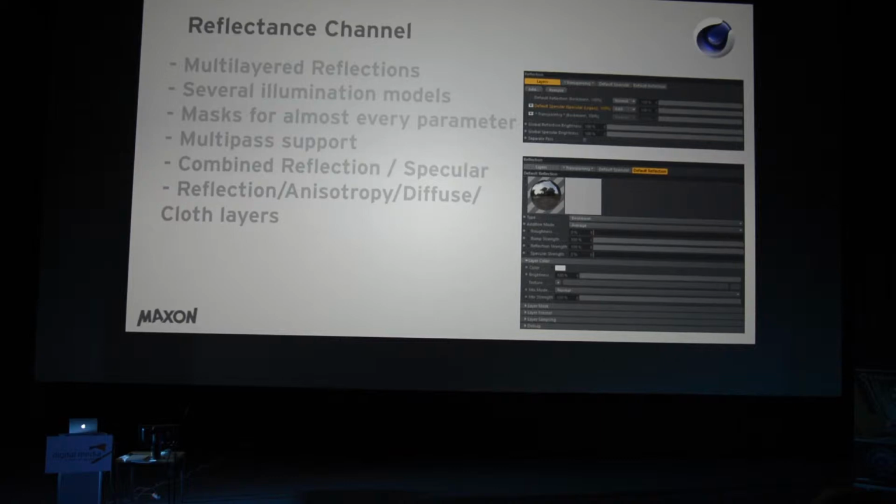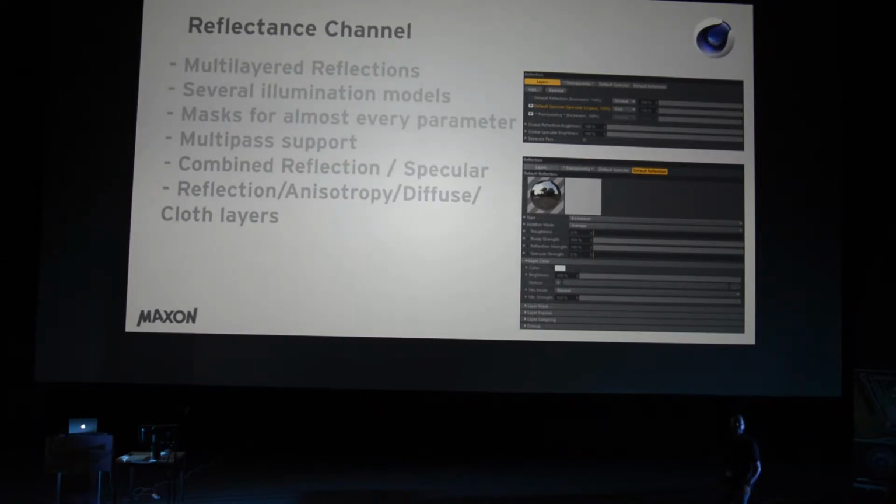So, reflectance channel. To be honest again, Maxon is an honest company. With R15 and before, there was something for rendering that wasn't actually possible. So we really had to do this, and we did it for R16 in a very good way. We improved the reflectance channel, and this is the most important part. We now have multi-layered reflections. For example, if you're working with V-Ray, you've got 4 layers, if I'm correctly informed.